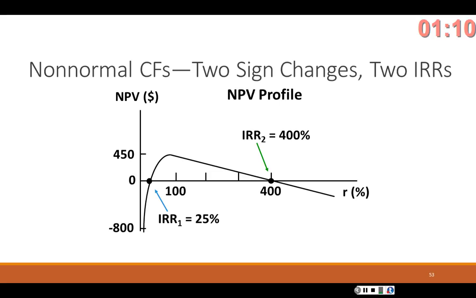And so the result here is 2 internal rates of return. When more than one solution exists, the calculator is going to display the solution closest to 0. If there is a situation where there will be multiple internal rates of return, so a non-normal cash flow pattern, you just use net present value.